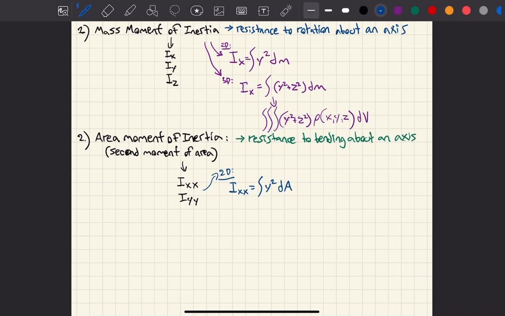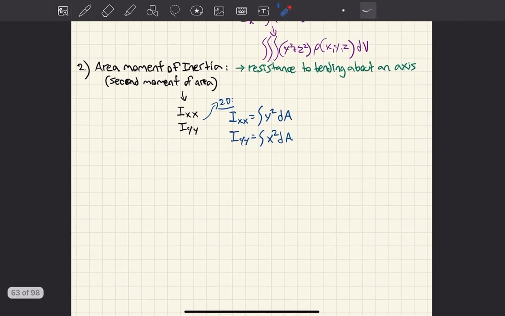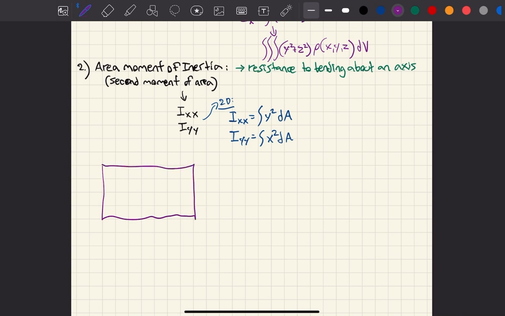And we'll get to that in just a second. Iyy is equal to the integral of x squared dA. Okay, let's try and find the area moment of inertia about the x-axis for bending of just a typical beam, or a typical rectangle, if we're going to really simplify things.